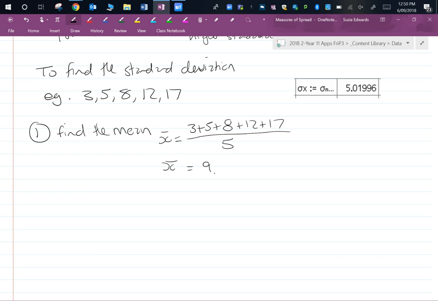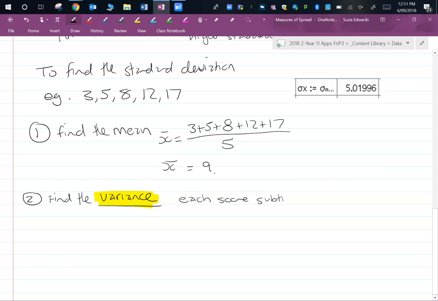All right, so step 2, it's not as hard as it looks, but we just have to remember the reason we're going to square the numbers, so later on we have to square root to get the right answer. So step 2 is we have to find, and this is where I said you need to know a word, the variance. Find the variance. Now the variance is each score subtract the mean. So that's where we're finding the difference.